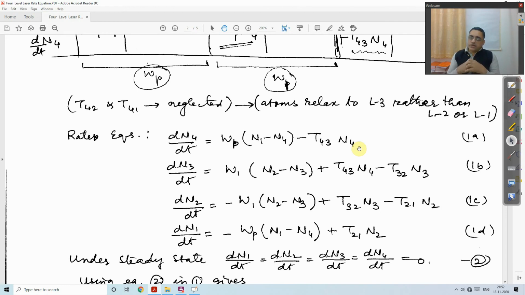They are neglected because atoms relax to level 3 easily, and the material is chosen like that only.